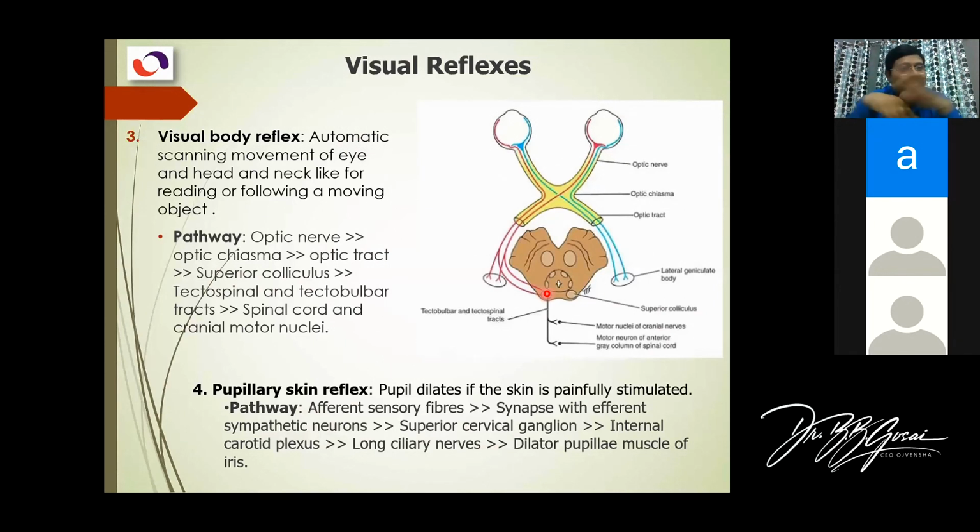So they are reciprocal pathways. They are informing each other and keeping our position stationary. So when you are moving, you are in a balanced position. You don't fall down while moving yourself to follow a moving object. So this is about the tectospinal and spinotectal tracts.